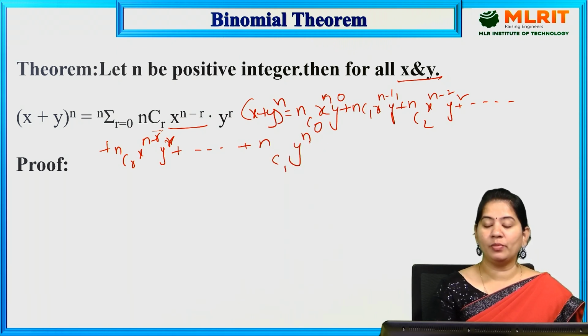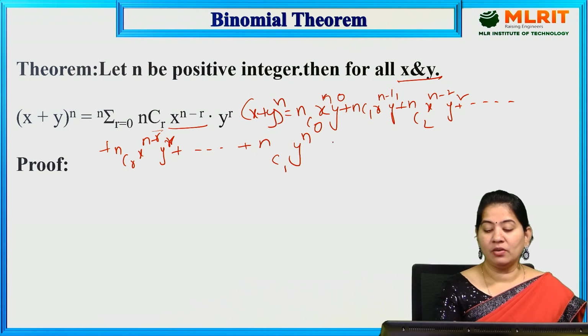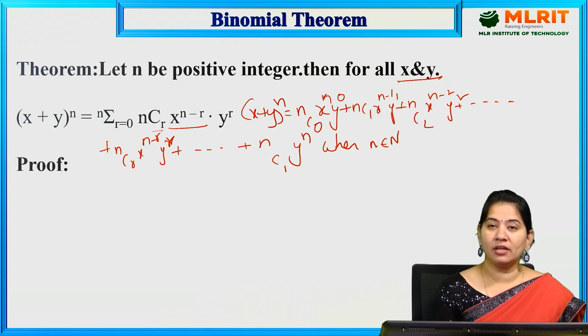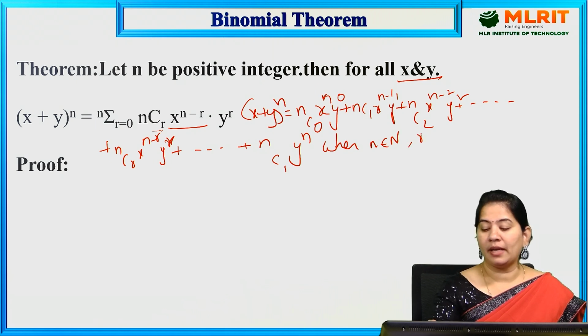This is the formula for all x and y, where small n belongs to capital N, natural numbers, and x, y belong to R.